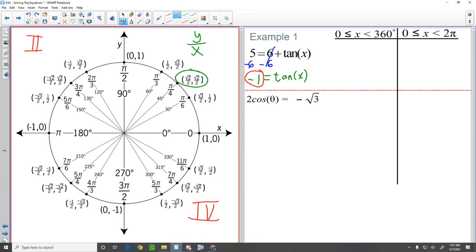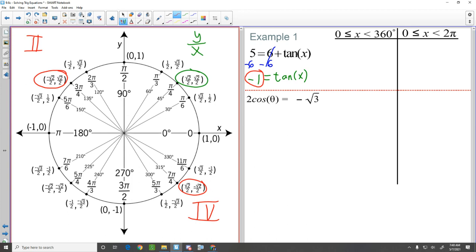I have one of each. So the angles we'd be looking for are these: a negative root 2 over 2, root 2 over 2, or this angle here, root 2 over 2, and a negative root 2 over 2. If I took either of those y values and divided them by the x value, I'd get a -1. So those would be the angles we're looking for here.